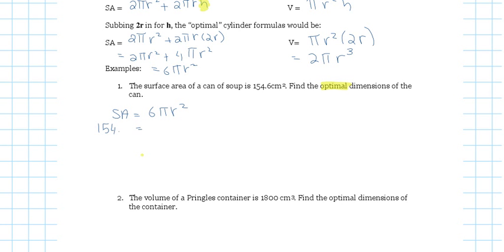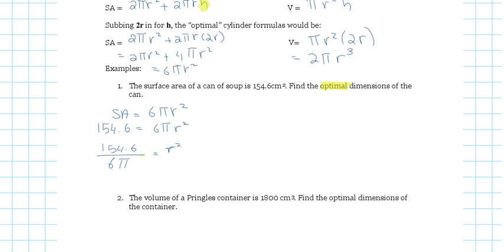So what do we want to do? Divide by 6 pi. Make sure you do it on your calculator and then you're getting this answer.